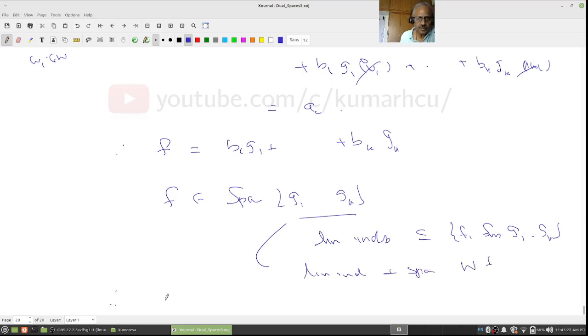Therefore G1 to GK is a basis of W perp. Okay, therefore what does it mean? Now M plus K is N, but M is the dimension of W, and K I can think of as the dimension of W perp, equal to N. Therefore I proved the result.